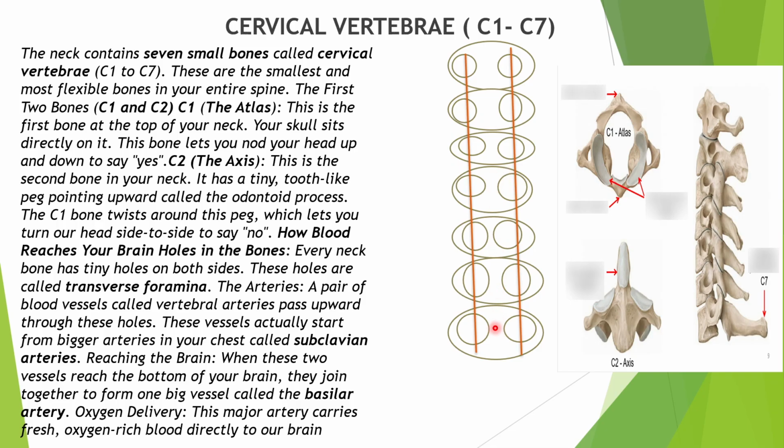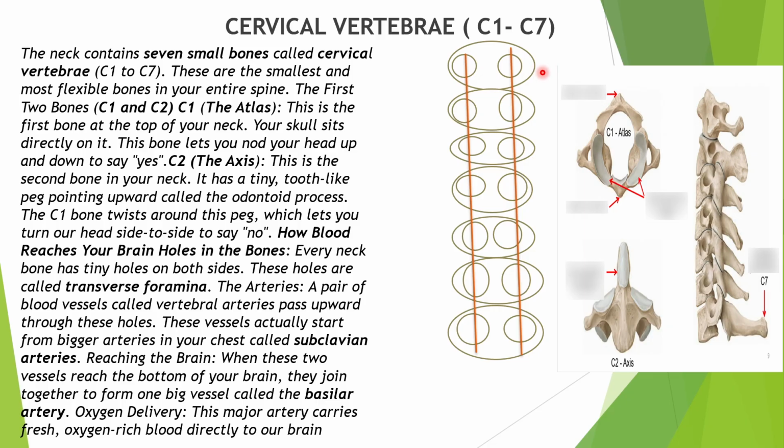These cervical vertebrae are some of the smallest and most flexible bones in our entire spine. The first two bones are this one, C1, and this one, C2. The first bone is known as the yes bone.